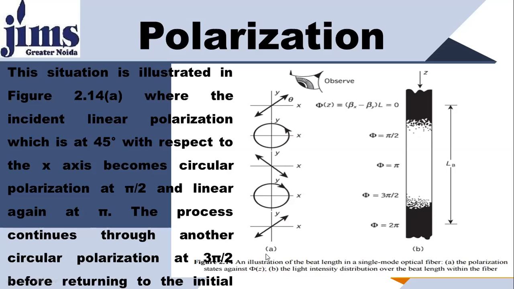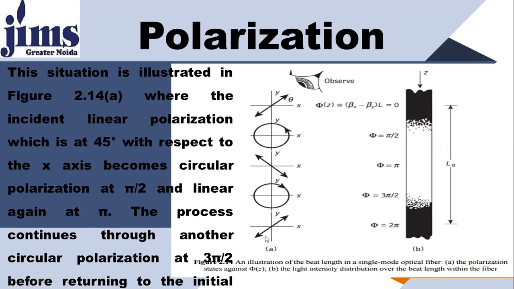When the mode propagates through an optical fiber, this is the state of polarization. This is linear polarization, in that direction. Because the polarization state is unstable in optical fiber, after some time it becomes circular, for example in the clockwise direction.